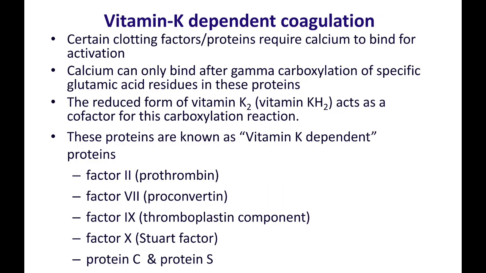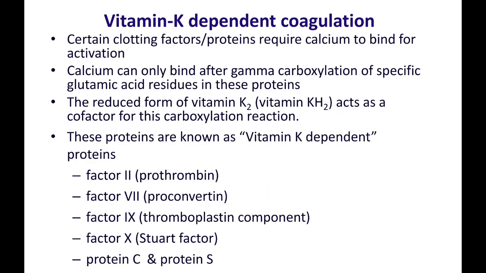So vitamin K dependent proteins are clotting factors: factor 2 prothrombin, factor 7 proconvertin, factor 9 thromboplastin, and factor 10 Stewart factor, and protein C and protein S. So these are the vitamin K dependent coagulation factors.